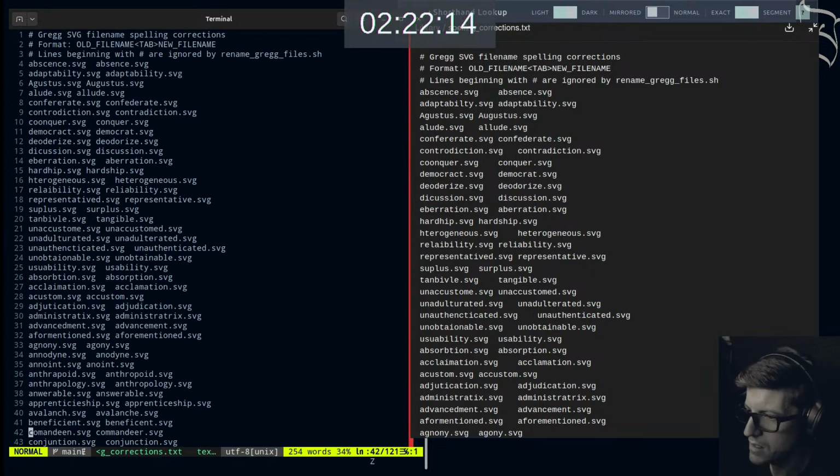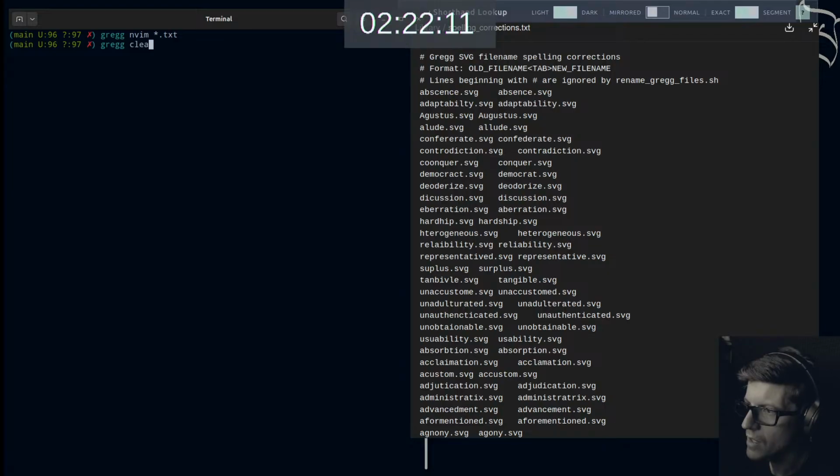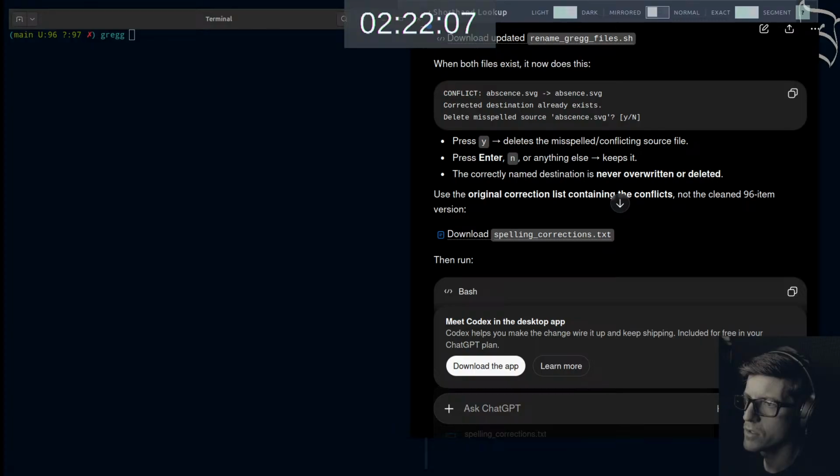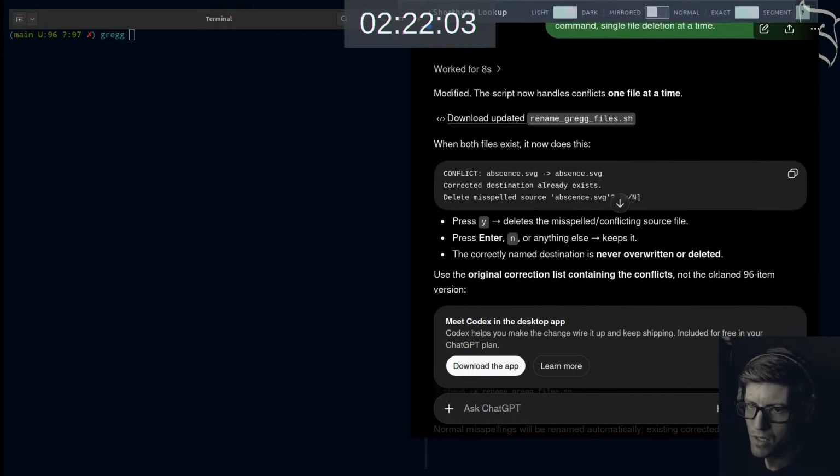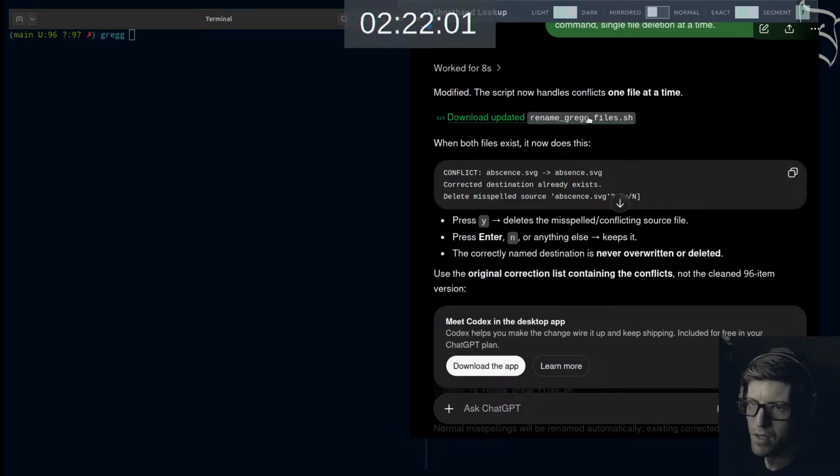All right, so let's close out, clear, and exit the full screen here. We downloaded the corrections, and we're going to download the updated rename greggfiles.svg. So same thing, we go back one level to media, and I'm going to go in here to terminal, and I'm going to remove the sh file.